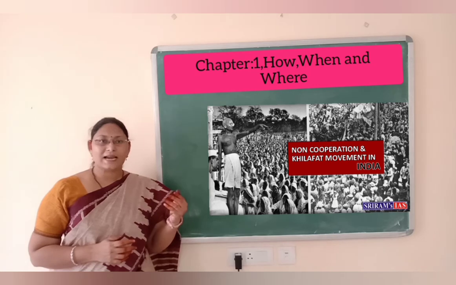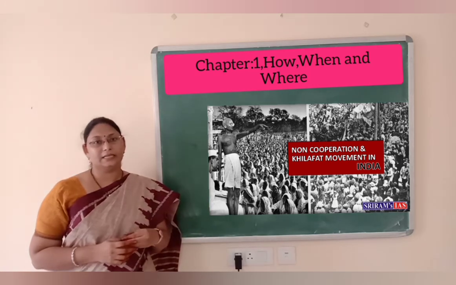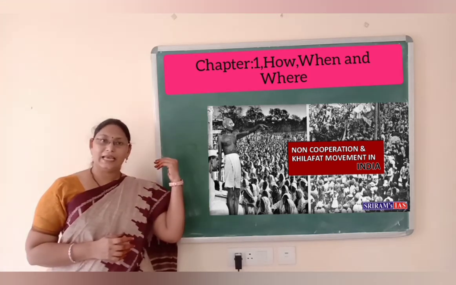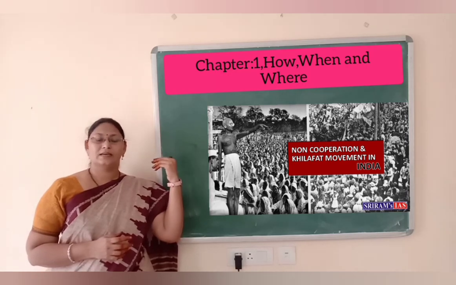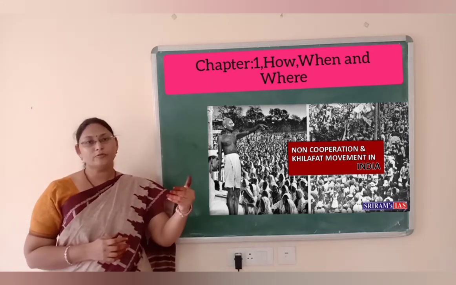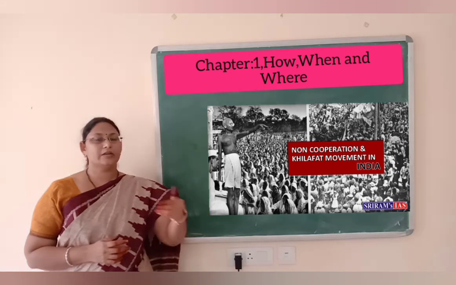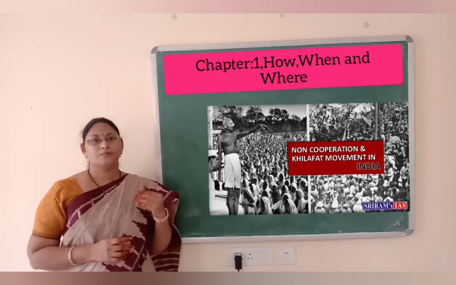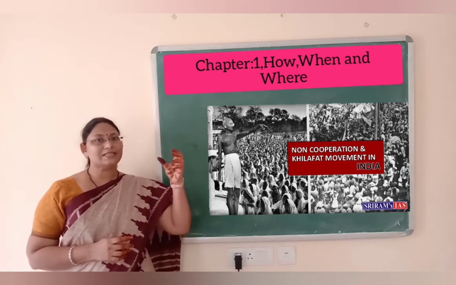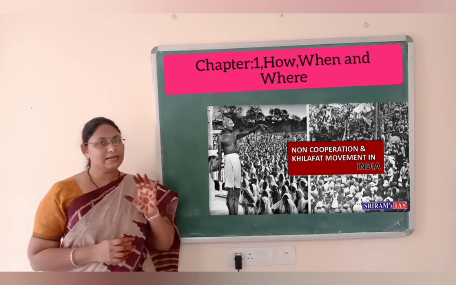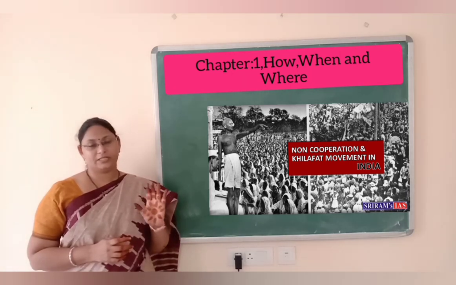Maybe they did not start in 1920; you have to go back to 1919, 1918, or they may continue into the future, like 1921 and 1922. So based on the event which you selected, you have to go with the dates of that event.